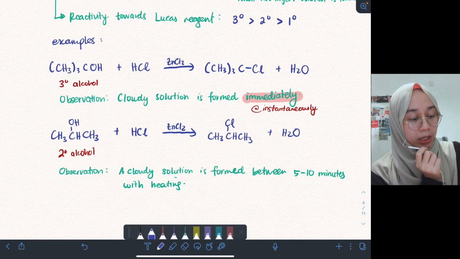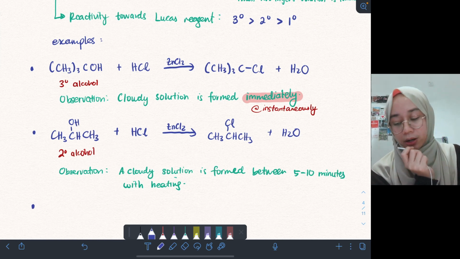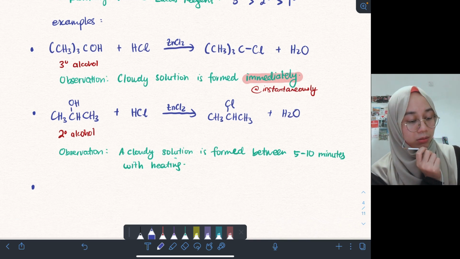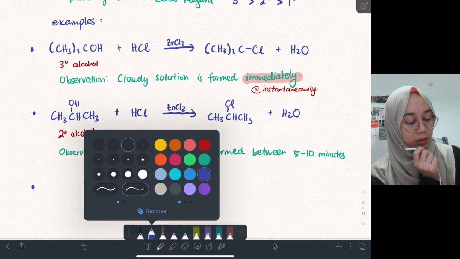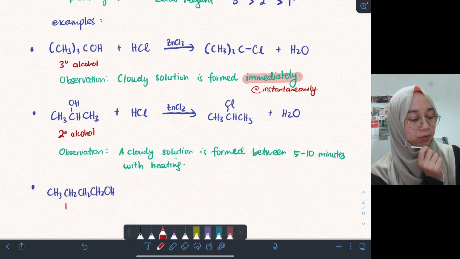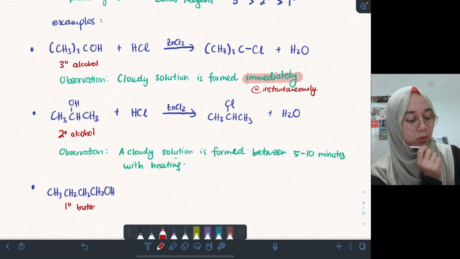Alright, so let's have a look at the last one. Kita nak tengok contoh untuk primary alcohol pula. So let's say I give to you 1 butanol. So CH3, CH2, CH2, CH2OH. So this is example for 1 butanol.